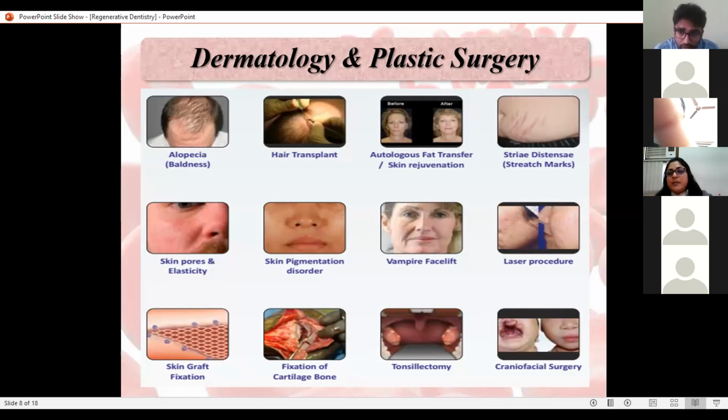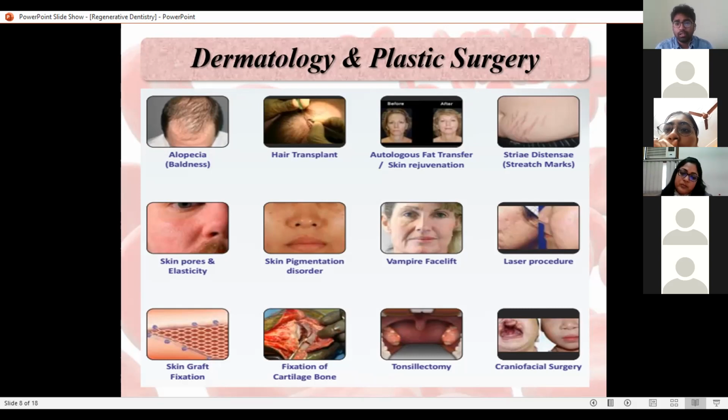So we can use PRP in hair transplant for better healing, and it acts as an anti-inflammatory. We can also use PRP to decrease stretch marks by using PRP with microneedling. We can also decrease skin pores and increase the elasticity of the skin. We can also treat skin pigmentation disorders with PRP.